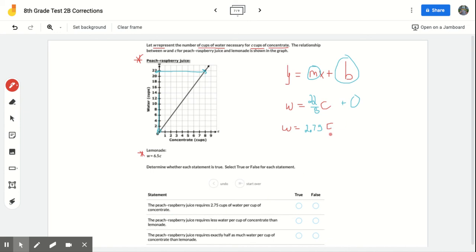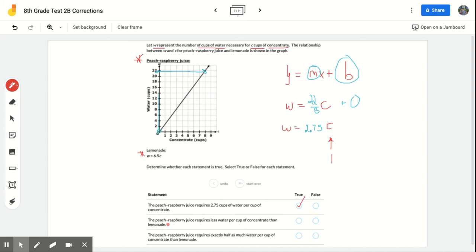So if I use 1 cup of concentrate right here, if I replace that with a 1 in the peach raspberry juice, I would need 2.75. So what you could do is multiply 2.75 times 1 and you get 2.75. So that's true. Every 1 cup of concentrate needs 2.75 cups of water.